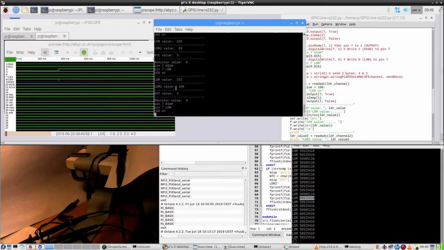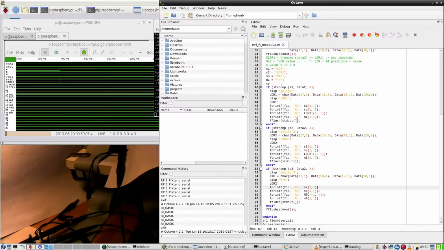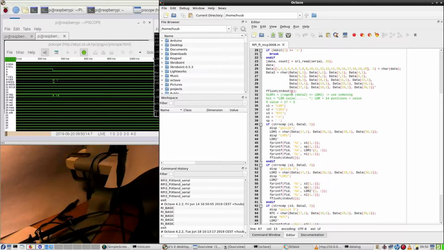So if I put LDR231, then in bytes it is this value. So that is a strange thing. And here I put everything nice, here too, and yet it prints it different. So why does it do that? Doesn't make any sense.